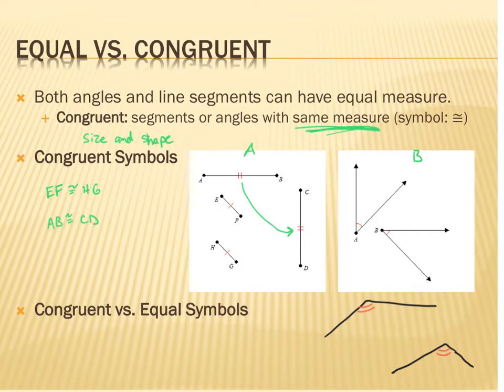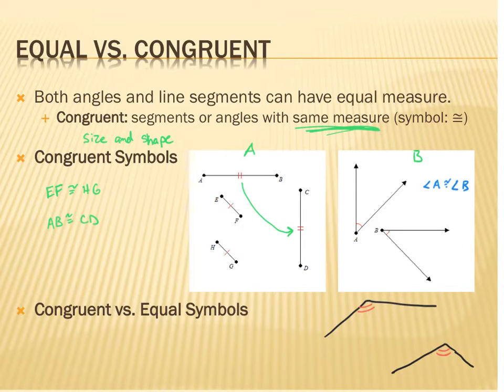That way you can tell the difference between the first set and the second set. So to name the top ones that they already gave you, you would say that angle A is congruent to angle B.